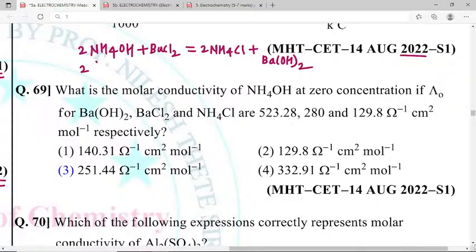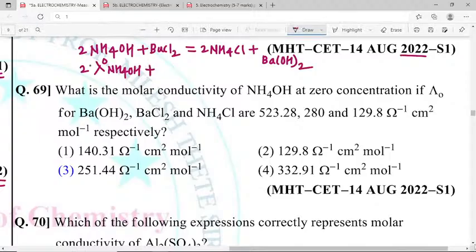So 2 times lambda naught of NH4OH plus BaCl2, which is 280, is equal to 2 times ammonium chloride, 129.8, plus barium hydroxide, 523.28.